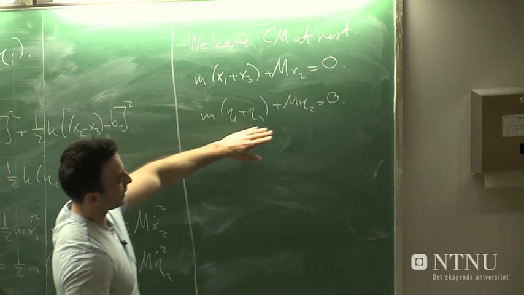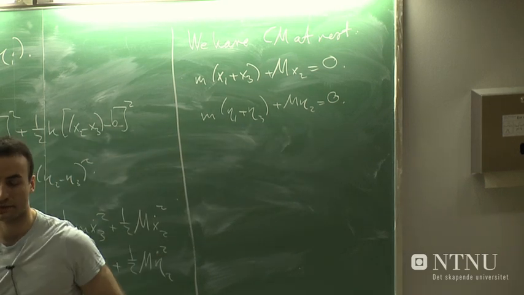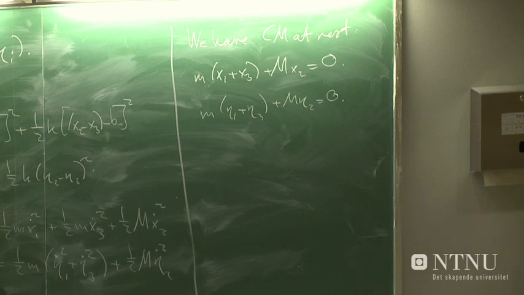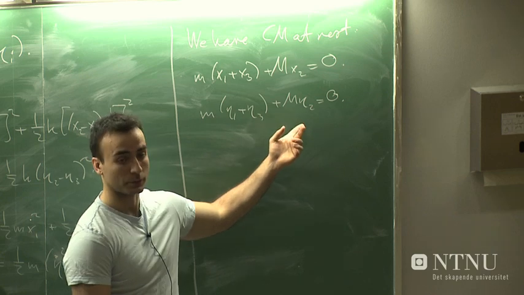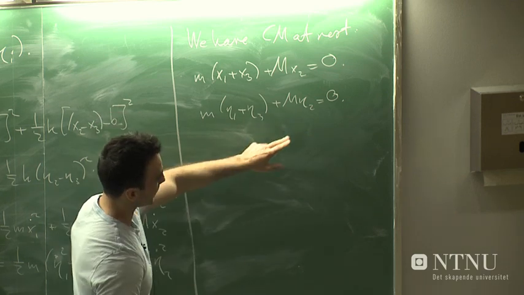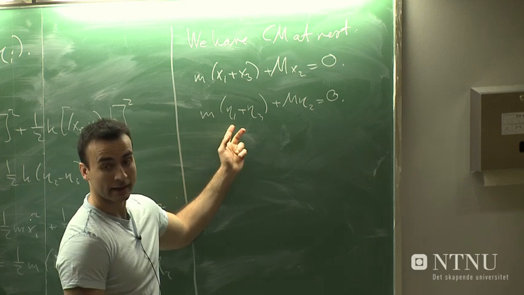So this is in fact a condition in the problem, since we have assumed that the center of mass is at rest. And conveniently, it allows us to eliminate one of these coordinates from the problem. In fact, we can express eta 2 in terms of eta 1 and eta 3 if we like.